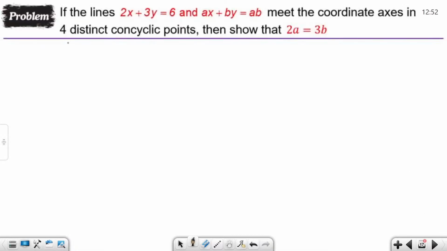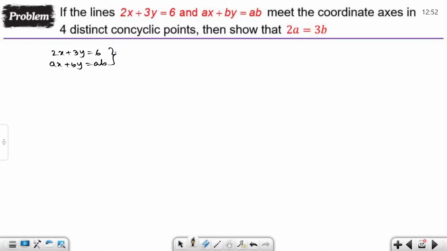The question is, the lines 2x plus 3y equals 6 and ax plus by equals ab meet the coordinate axis in 4 distinct concyclic points. Concyclic points, where are these points? On the coordinate axis. Then show that whatever is given.